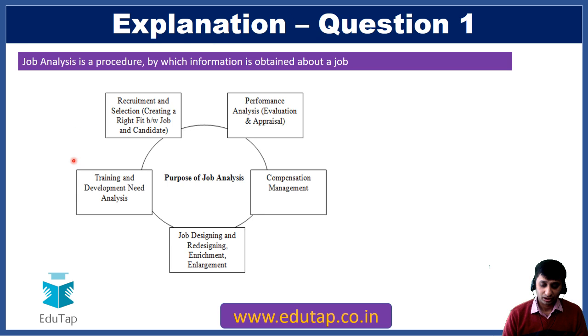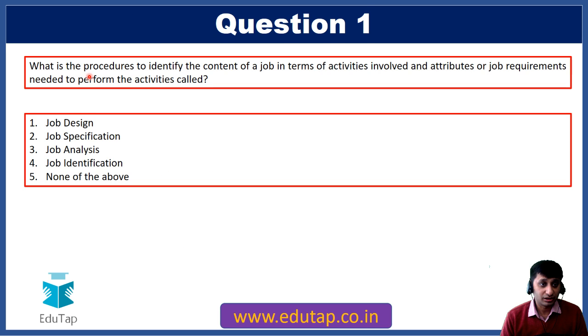The keyword here is the procedures that are used to identify the activities or the attributes of the job. It is not asked what are those terms that describe activities involved or attributes or job requirements. The question is what are the procedures which are used to identify the activities or the attributes or the job requirements. Right, so the answer is job analysis.